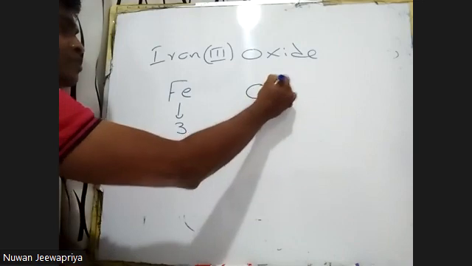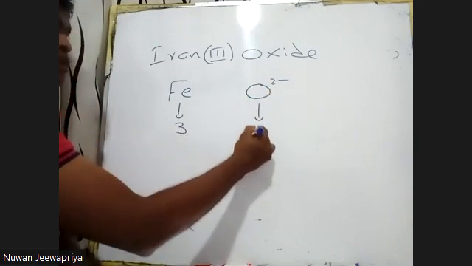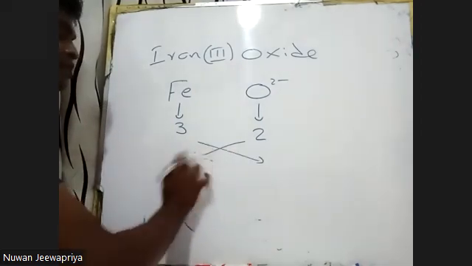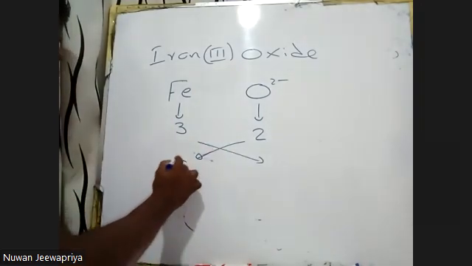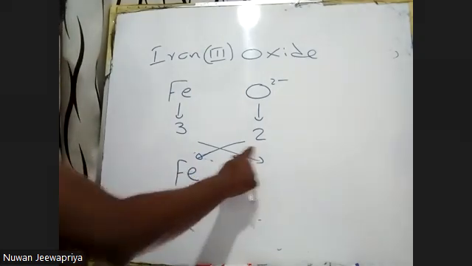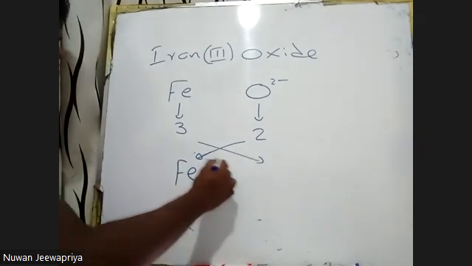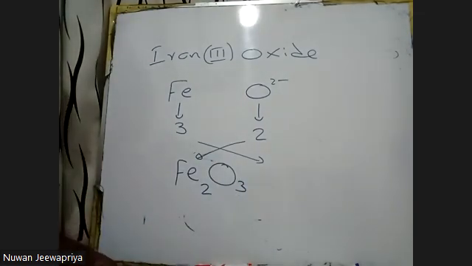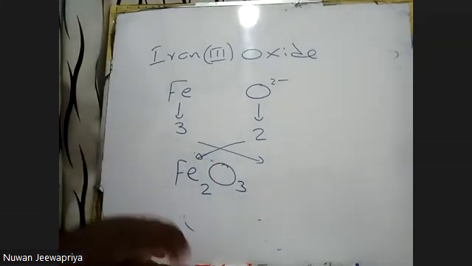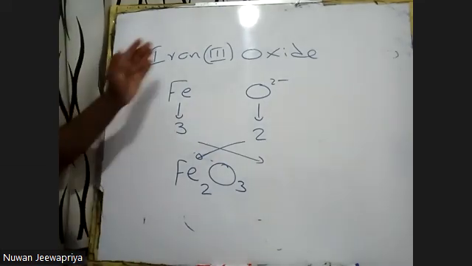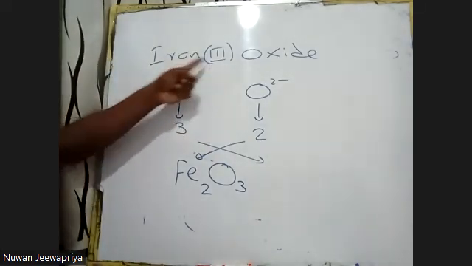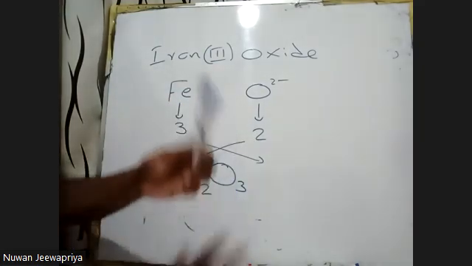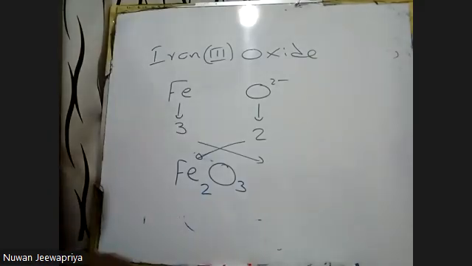Oxide's valency, you remember, is minus 2. So it is 2 and 3, and it cannot be simplified again. 2 and 3 cannot be divided. So Fe gains number 2, oxide gains number 3. That's how we write iron 3 oxide. So they interchange. So Fe2O3 comes.